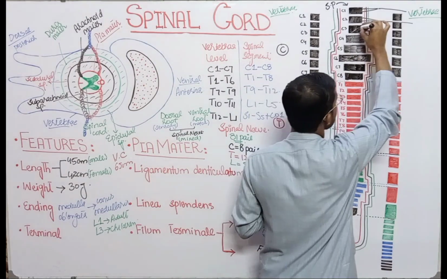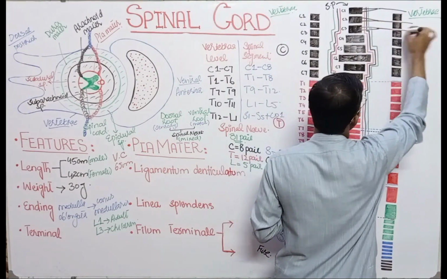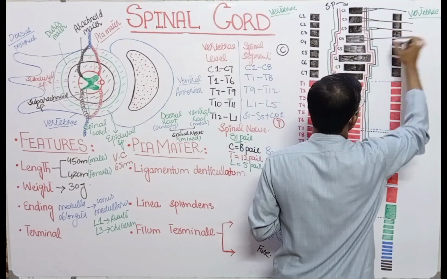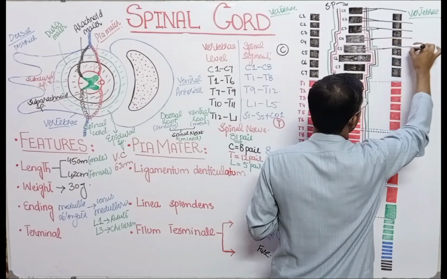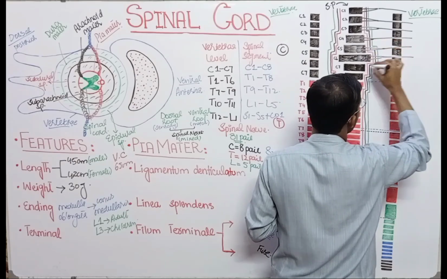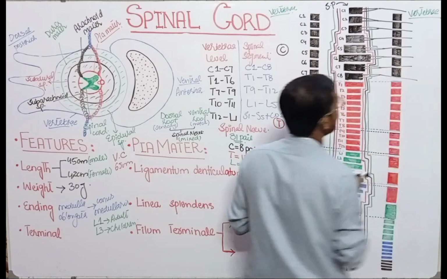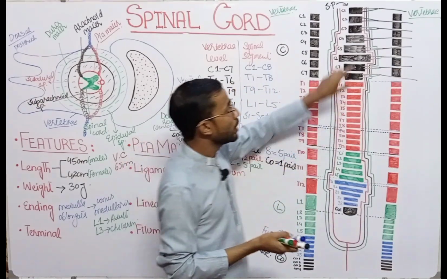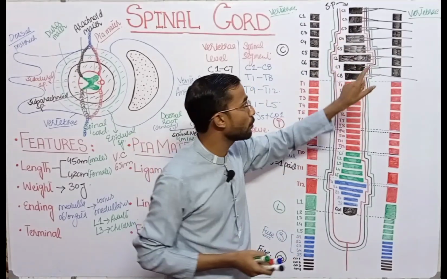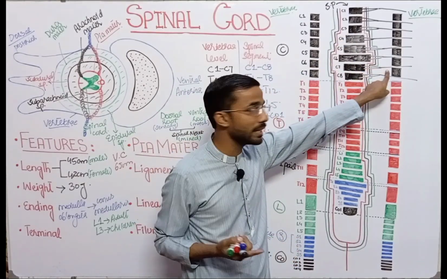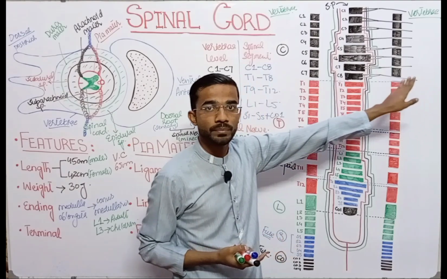Here the same case continues, and you will see the different spinal nerves arise from the segments. The dorsal and ventral roots combine to form a mixed nerve, which is the spinal nerve, and they exit from the foramen.